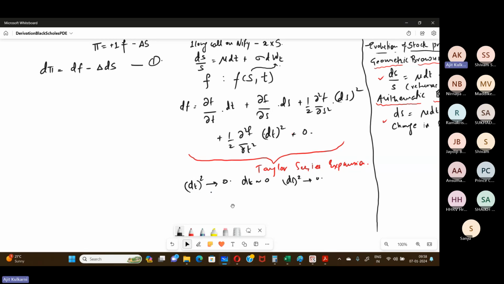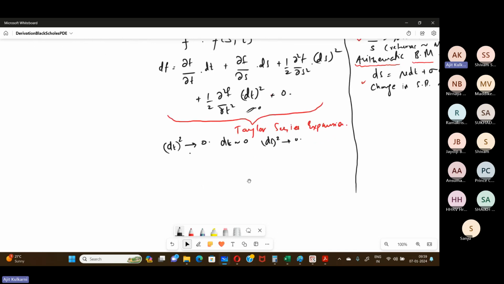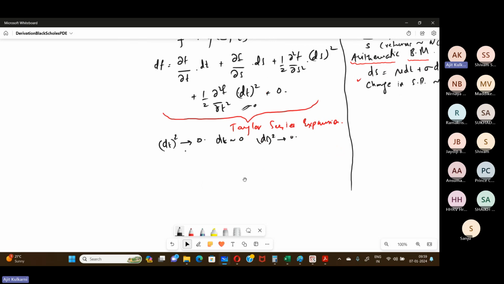So this is also of the order of 0. So what are we left with? We are left with dS and dS square. Now before we proceed, let us calculate what is dS square.